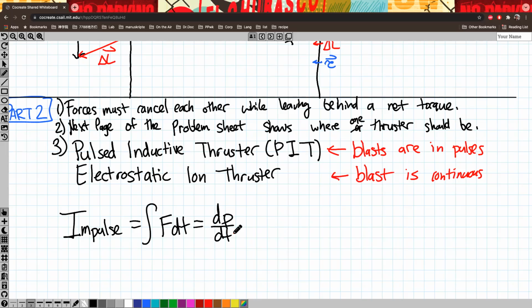And then you can imagine an angular version of this, where you have angular momentum instead of linear momentum, and you have torque instead of force.